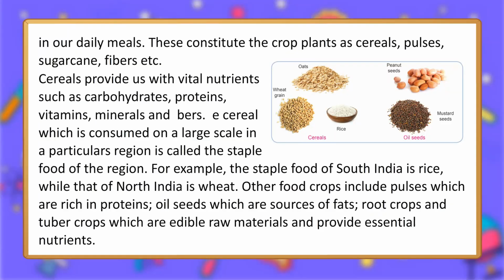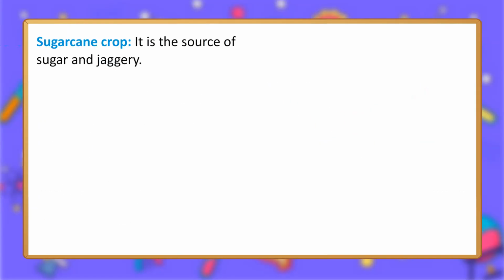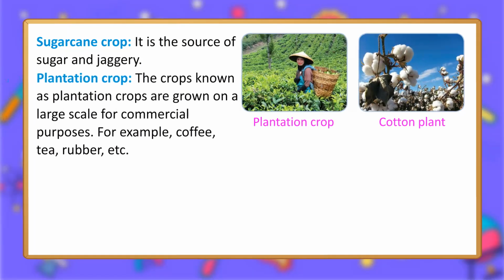Cereals: oats, wheat grain, rice. Oilseeds: peanut seeds, mustard seeds. Sugarcane crop is the source of sugar and jaggery.